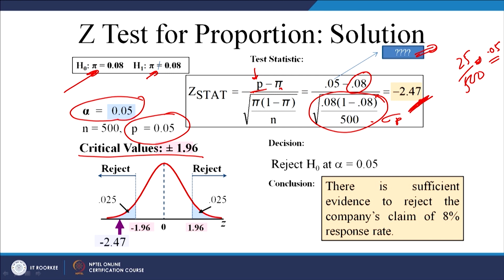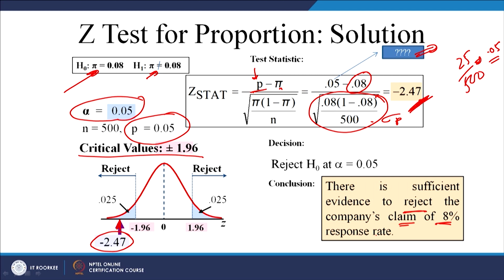So, compare your calculated z value with the critical values. This minus 2.47 is in the rejection region, right. So, you will reject the null hypothesis. There is sufficient evidence to reject the company's claim of 8% response rate.